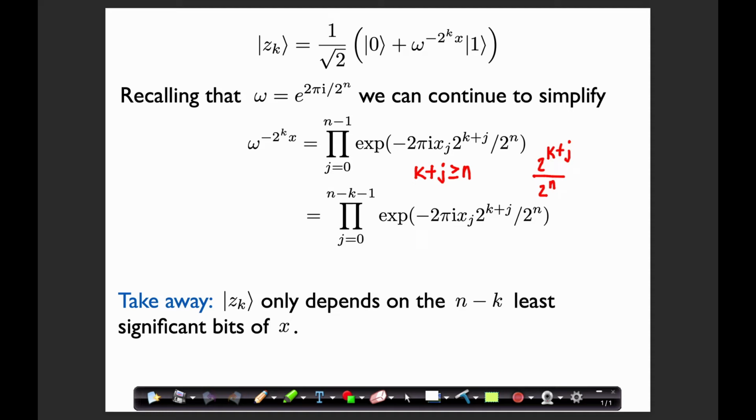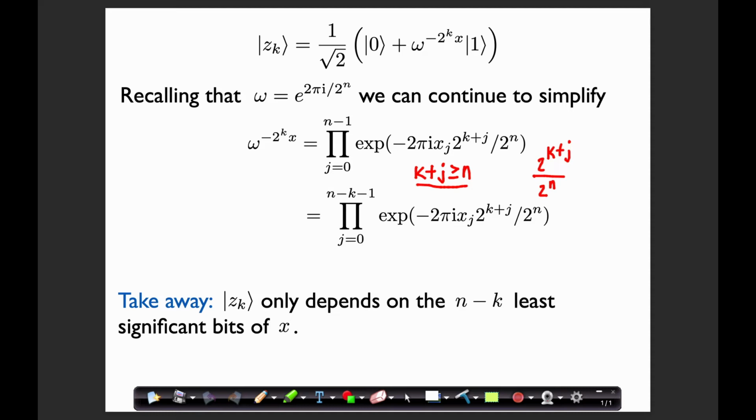And a similar thing is going to hold whenever k plus j is bigger than or equal to n, then this term is going to be an integer. So here we're just going to have an integer multiple of e to the minus 2 pi i times xj, and that's always going to be 1. So they're not going to affect this product.